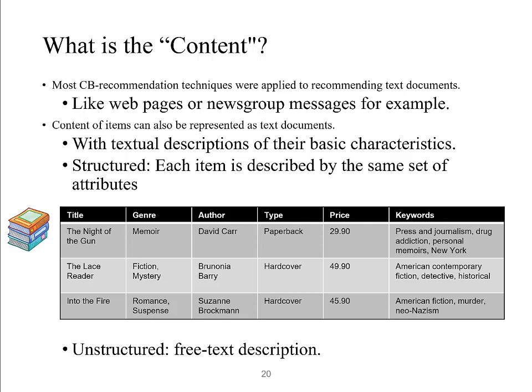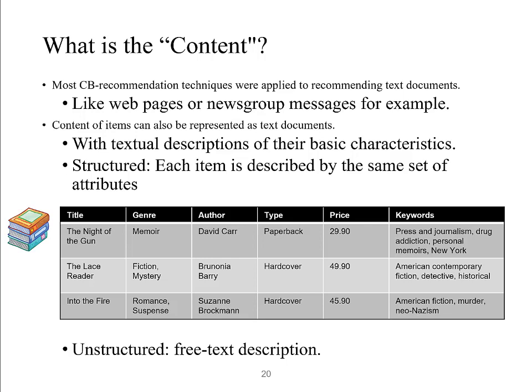So we're discussing content-based recommender systems. The first question would be, what is the content? For most content-based recommendation techniques, they were applied to recommending text documents, for example, web pages or news group messages.